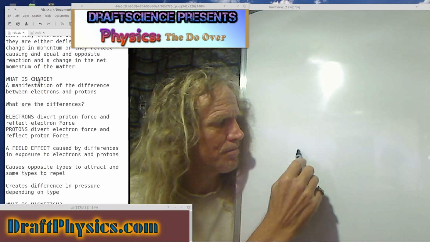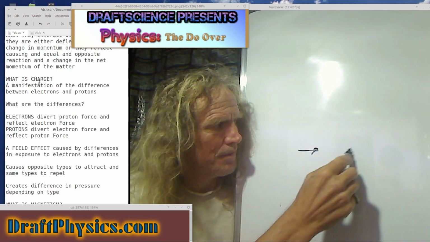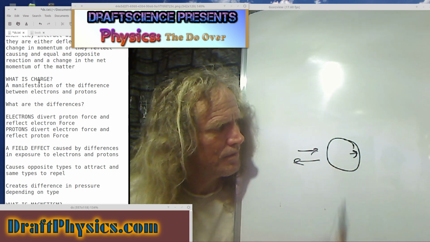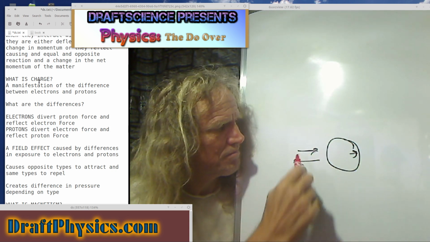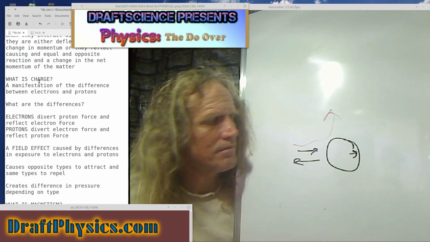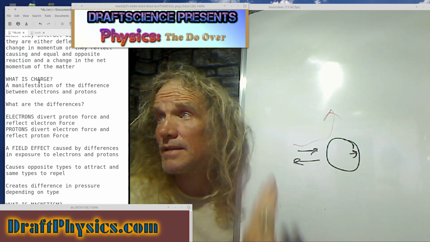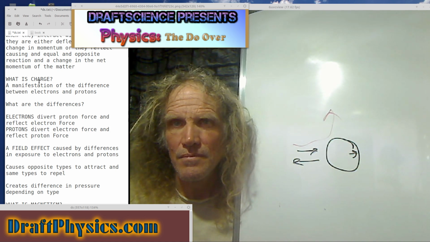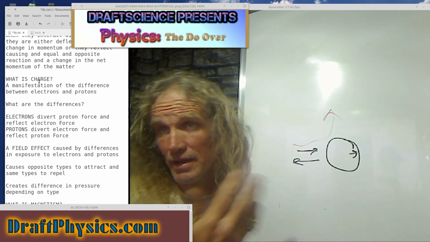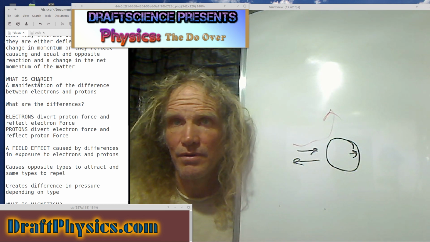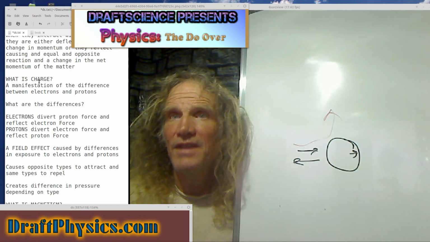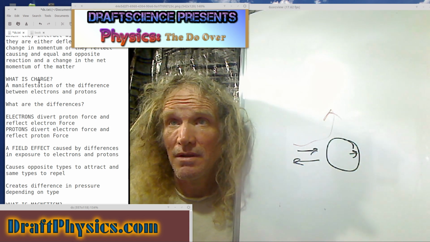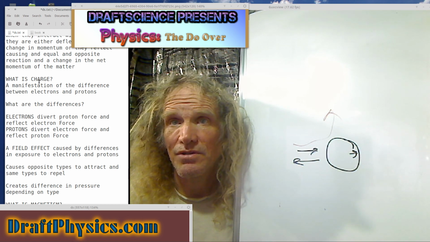So I'm just pointing out that the basic function is the reflection and then the little piece of momentum, and then if it's red force, not interesting on an electron, and exactly the opposite for the proton. All right, protons divert the electron force and reflect the proton force. So simple. A field effect caused, so this is the answer to the first question.